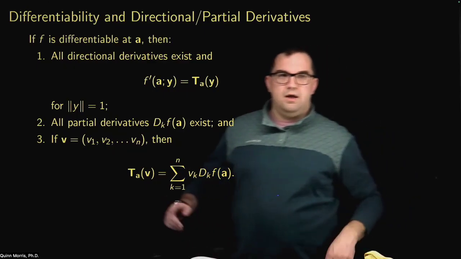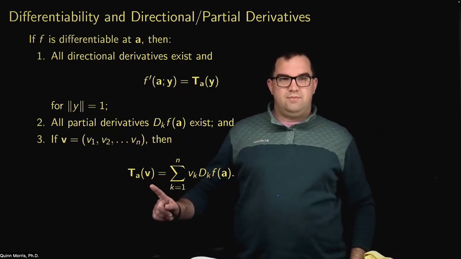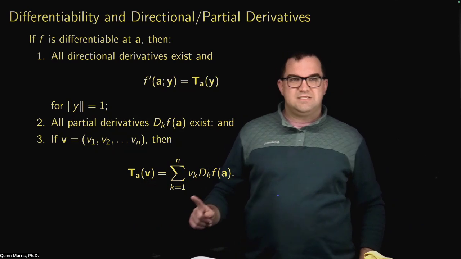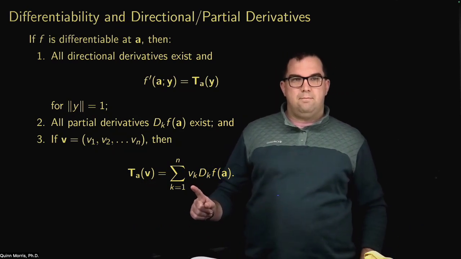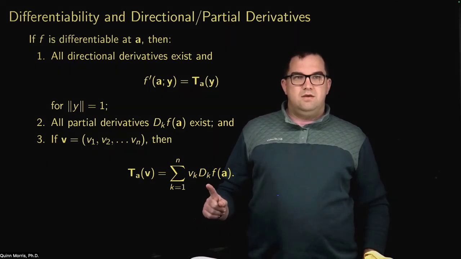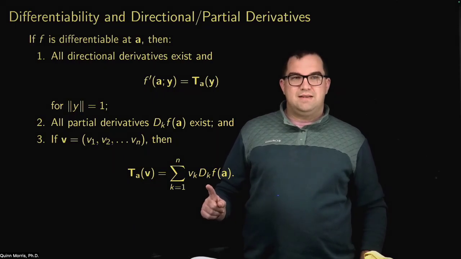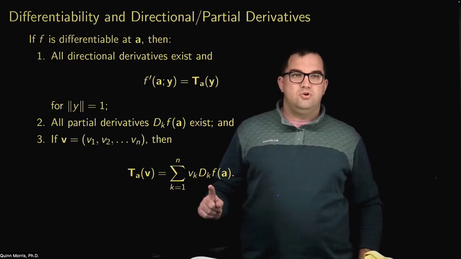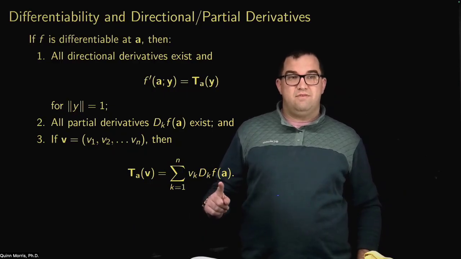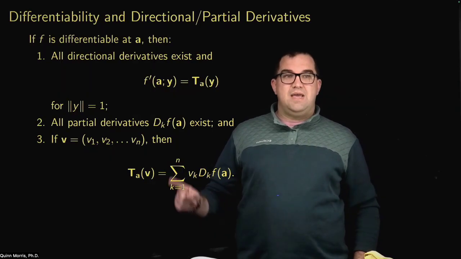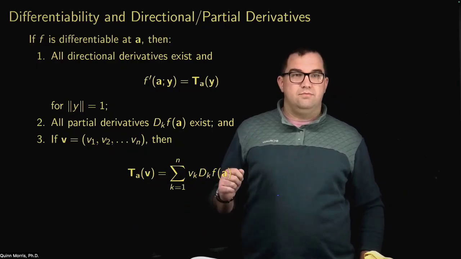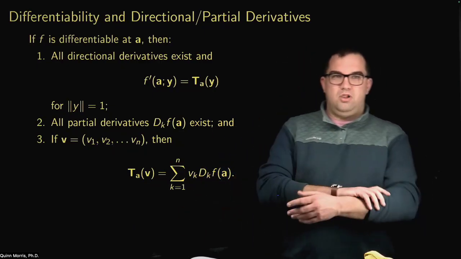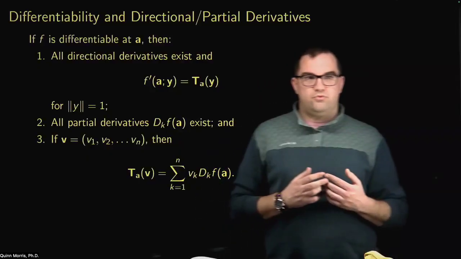If I want to understand what this linear transformation does to a vector v, what this tells me is, basically just take the components of v and multiply them by their respective partial derivatives. So you take the kth component of v, multiply it by the kth partial derivative of f at a, and then you take all those products and add them all together. Okay. So again, we'll see how all of that falls out as we go through this theorem.